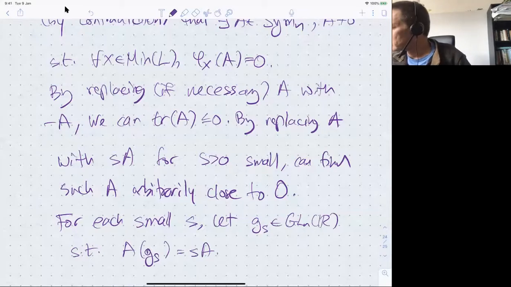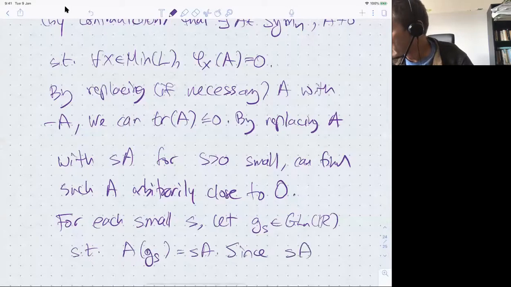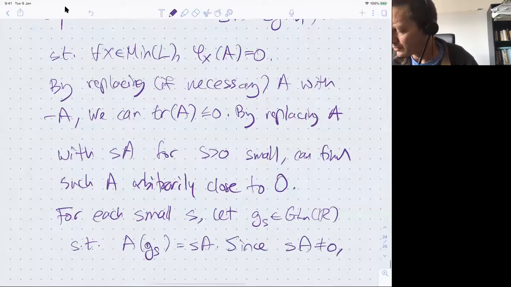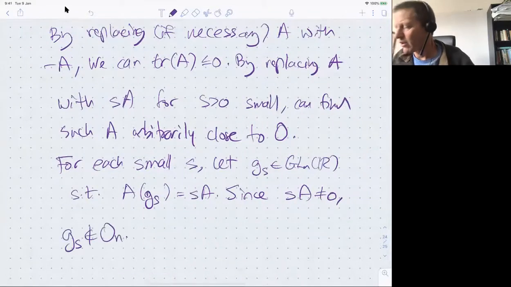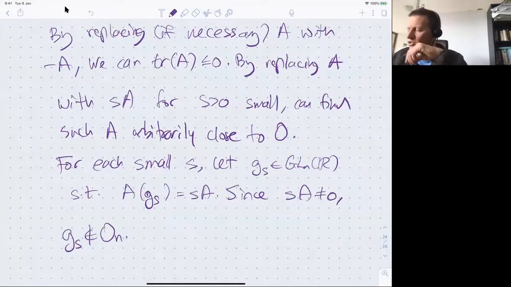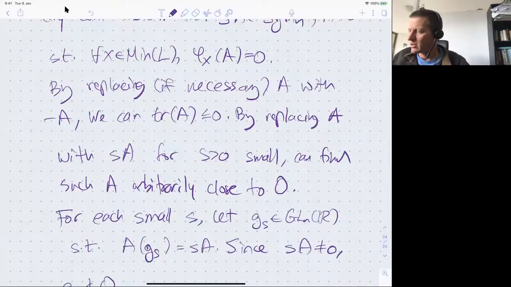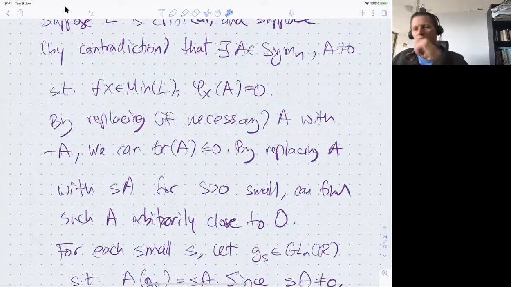So, let's go back to lemma 3. Since sA is not zero, G_s is not orthogonal. If G_s were orthogonal, then A(G_s) would be zero, but we already know that A is not zero.